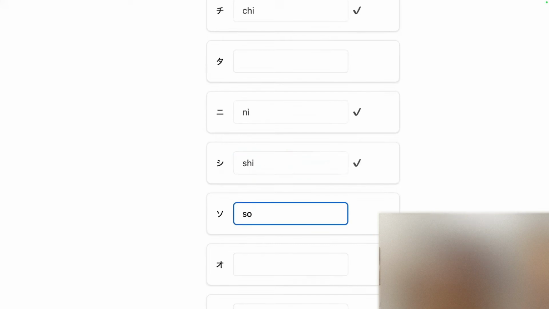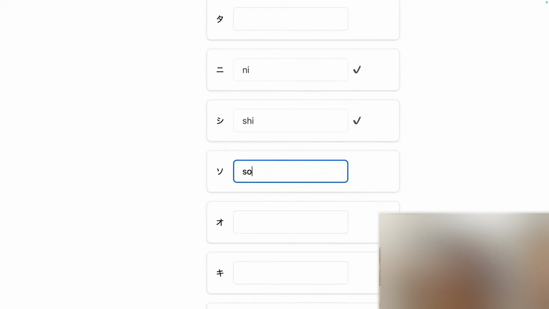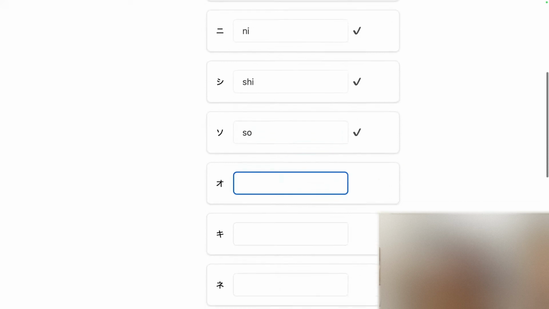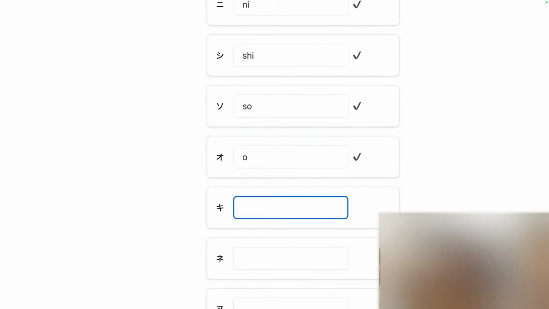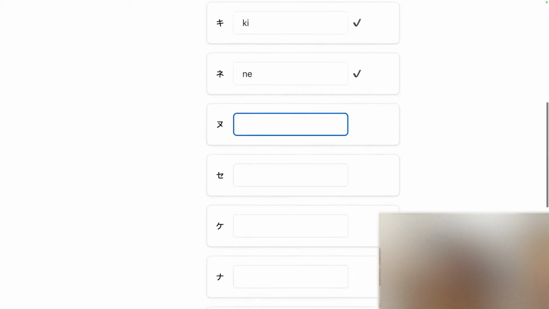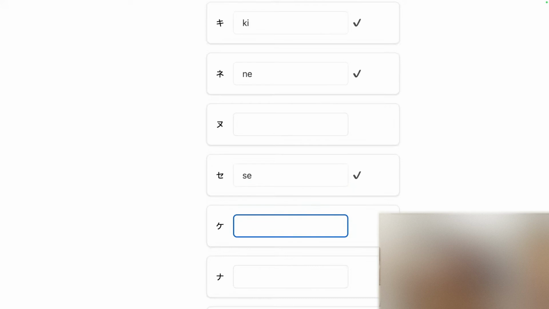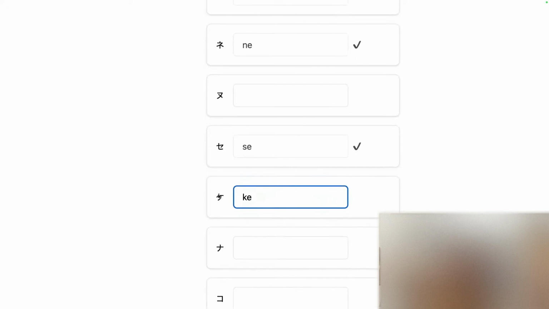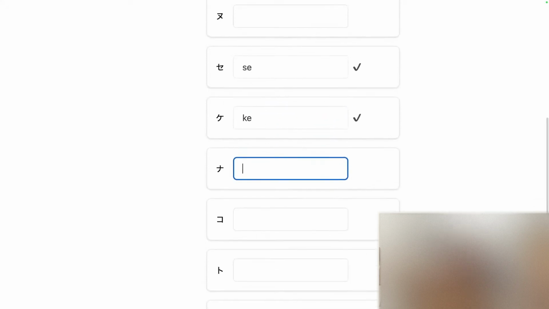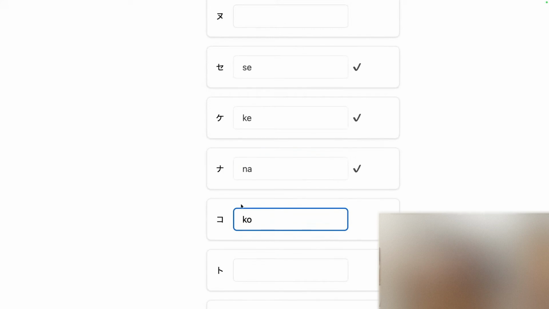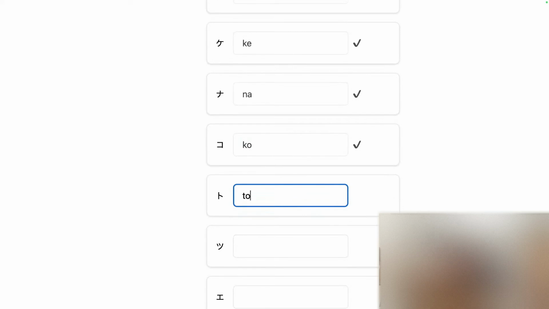This is So. So. Ki. Ne. Nu. Skip that one for now. Se. This is Ka, because it extends. Extends starts with an E. This ends with an E. Yeah. This is Na. This is Ko. Box. O. O is the second letter of box. A bit convoluted, but it works.